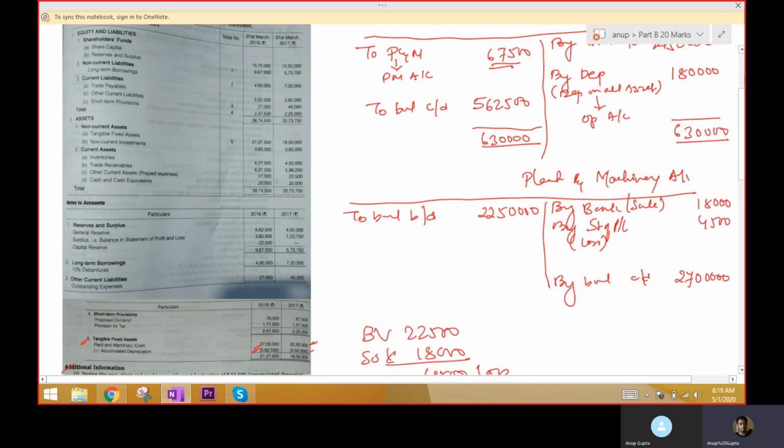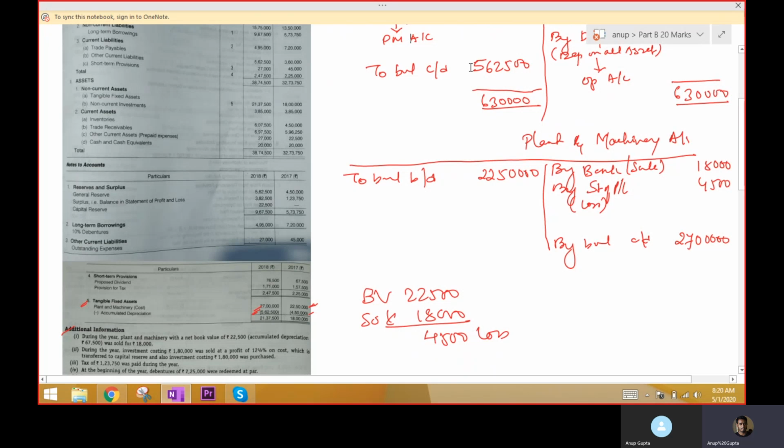And also, this depreciation will go in the plant and machinery account. Why? Because we have to reduce the value of the asset that is sold at cost price. So the total of this plus this and the depreciation will be the cost. So by accumulated depreciation 67,500.